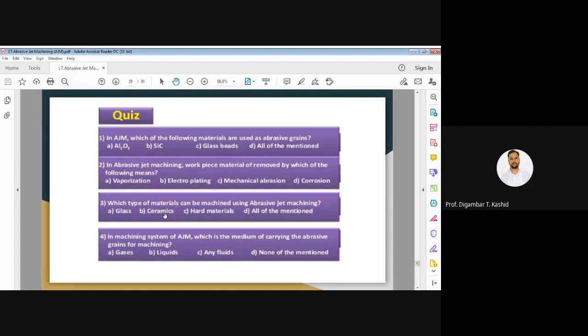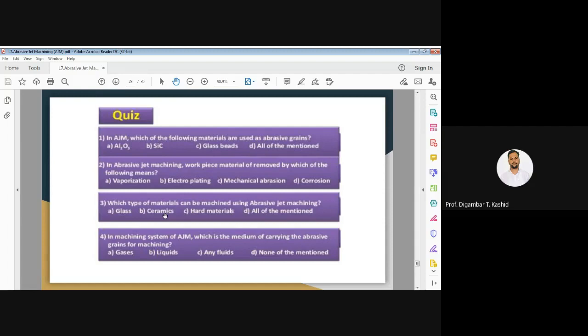In abrasive machining, the workpiece material is removed by which of the following means? That means what is the action? How will the material be removed using this abrasive machining process?